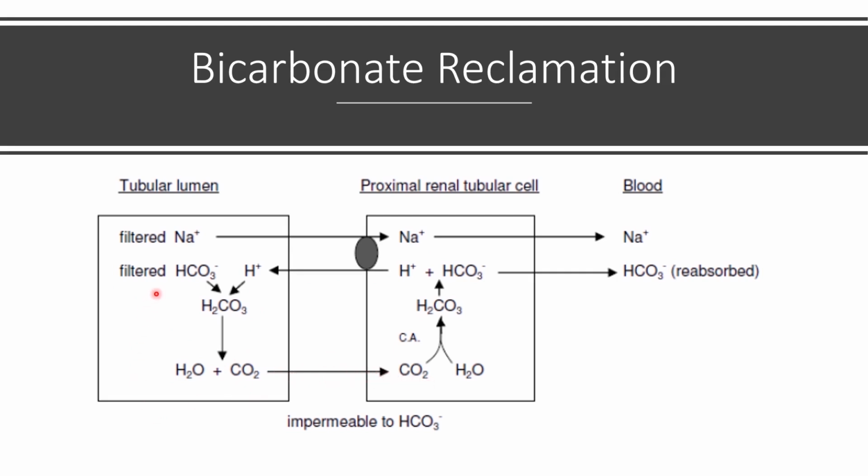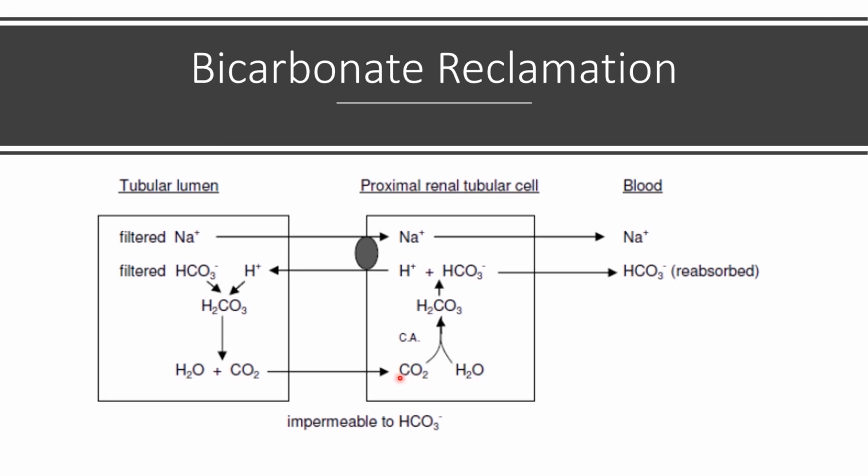Remember I said earlier that the filtered bicarbonate cannot penetrate because this membrane is not permeable to bicarbonate. But after combination with this hydrogen ion, the bicarbonate breaks down into carbon dioxide, which is able to penetrate and go into the tubular cells.